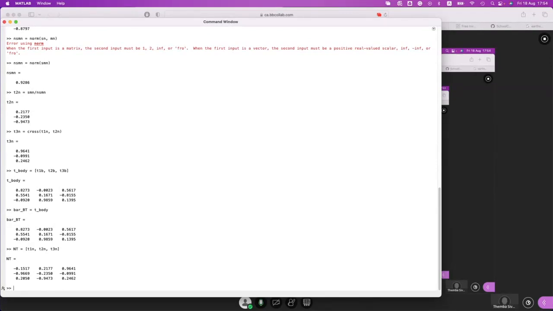Remember that you have obtained T1, T2, T3, which is your bar BT for the body, and T1, T2, T3 for your inertial frame. Now, for the second part, I would expect you to actually write out these two matrices.